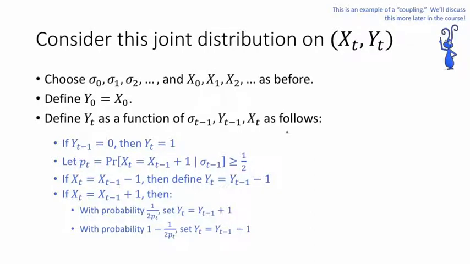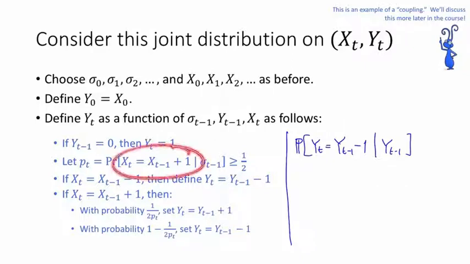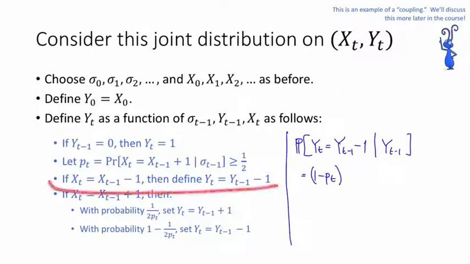To see why this is a sensible thing to do, let's compute the probability that y sub t is equal to y sub t minus 1 minus 1, conditioned on y sub t minus 1. Well, there are two possible outcomes. Either x sub t is equal to x sub t minus 1 plus 1, or it's equal to that minus 1. With probability 1 minus p sub t, this event occurs: x sub t is equal to x sub t minus 1 minus 1.